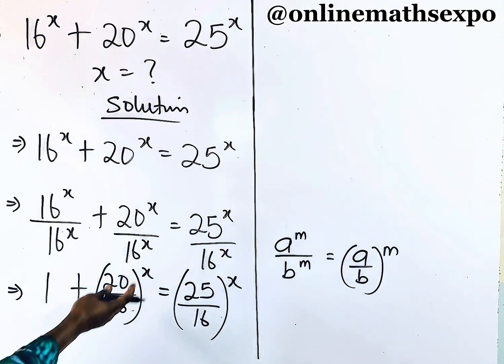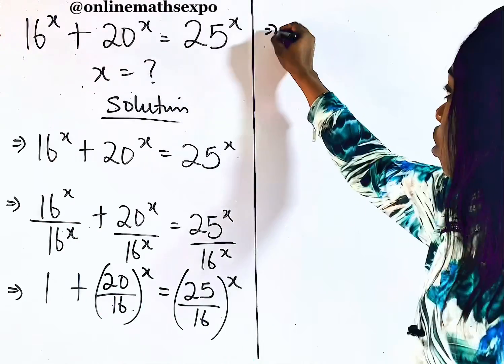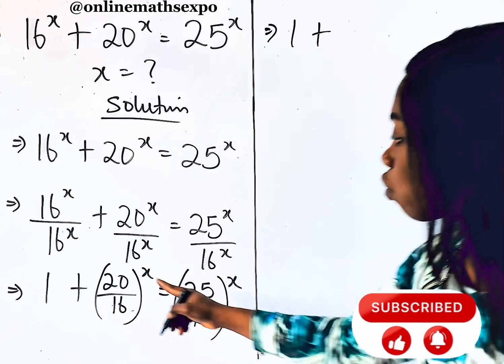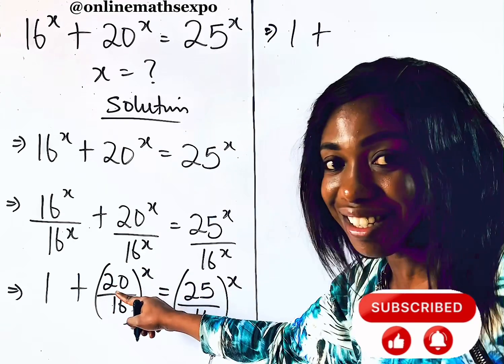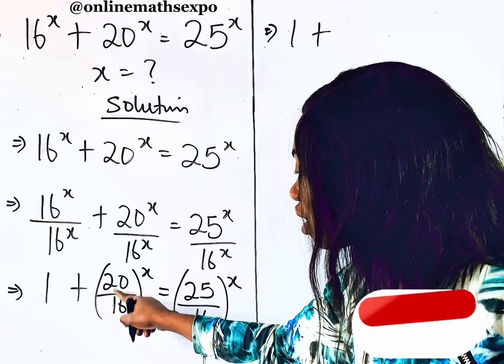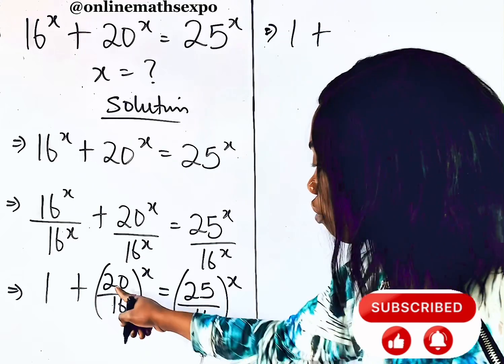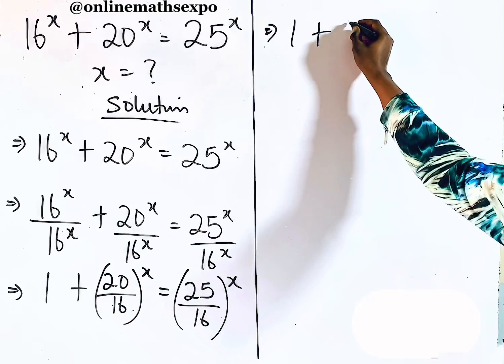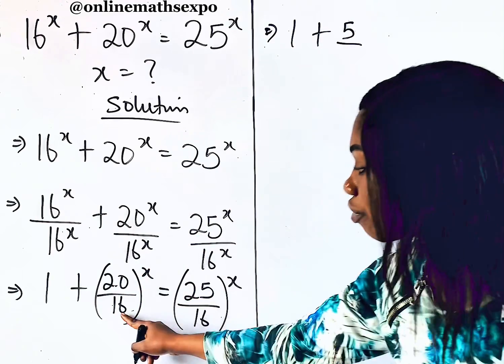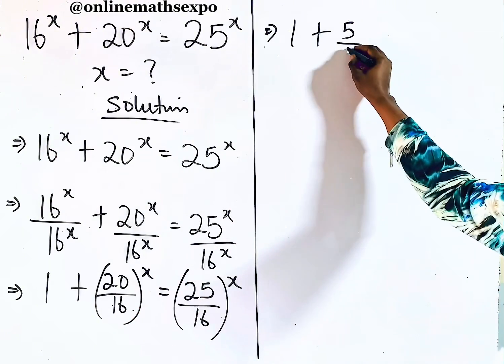Now let's keep solving to have 1 plus. We can simplify this. We know too well that we can divide each of these by 4. So if I divide 20 by 4, it gives me 5. If I divide 16 by 4, it gives me 4.